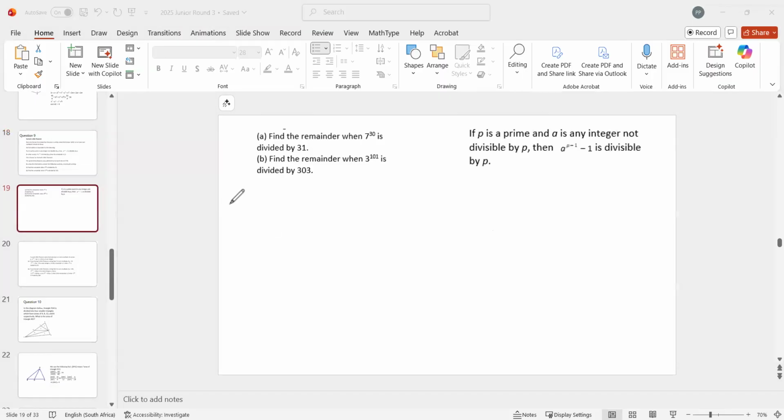It says that if you take any integer, say 6, and take any prime number, say 11, then if you take the number 6 to the power of 11 minus 1, which is 6 to the power of 10, when you divide this number by 11, the remainder is 1, always.